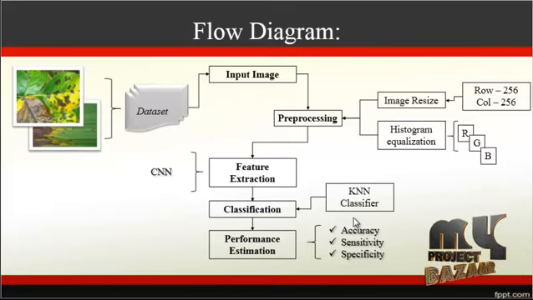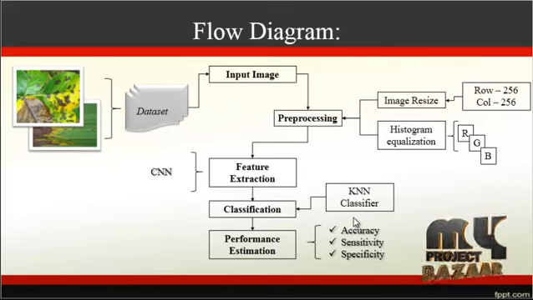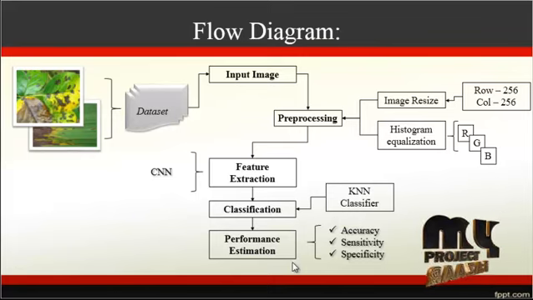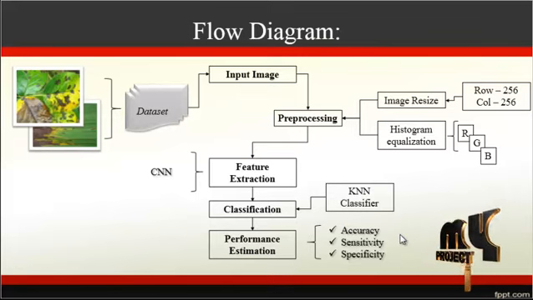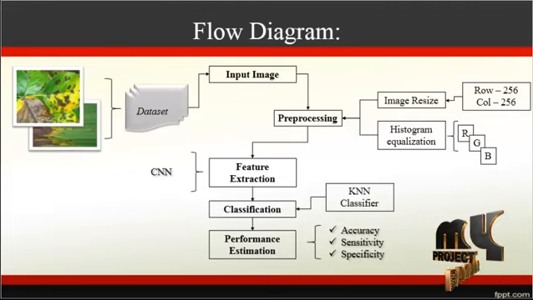By using this classifier, we can justify whether the input leaf image is affected or not. In case it is affected, a message box will be displayed saying it is an affected leaf. After the classification process, the performance will be evaluated by means of 3 parameters: accuracy, sensitivity and specificity. By these 3 parameters we can justify whether our process is efficient or not.